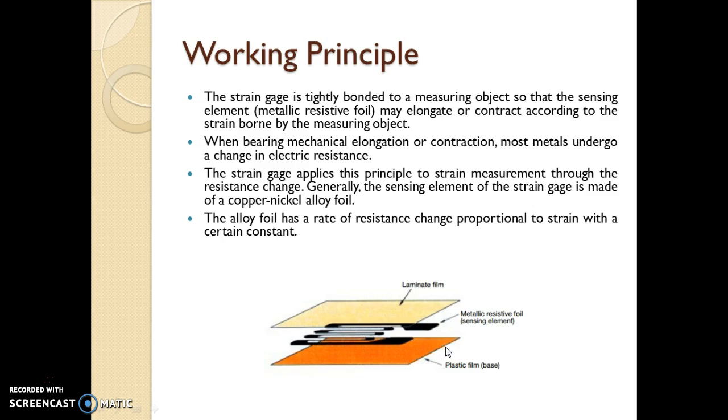When you apply force in this direction or in this direction, the resistance will change, and this is connected to a Wheatstone bridge, which converts this change in resistance into an equivalent change in voltage, as we have already seen. Usually general purpose strain gauges are made of copper nickel alloy foil, but depending on the requirement and application, these alloys change.